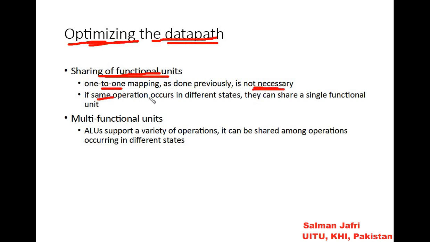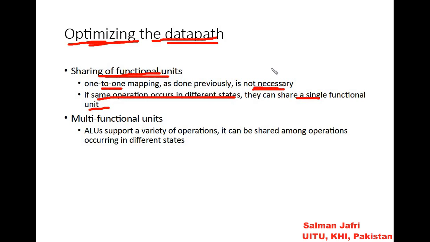If the same operation occurs in different states, they can share a single functional unit. For example, if one state carries out x minus y and the other state carries out y minus x, we might have the same subtractor. In the first state, that subtractor would carry out x minus y, and in the next state the same subtractor can carry out y minus x.